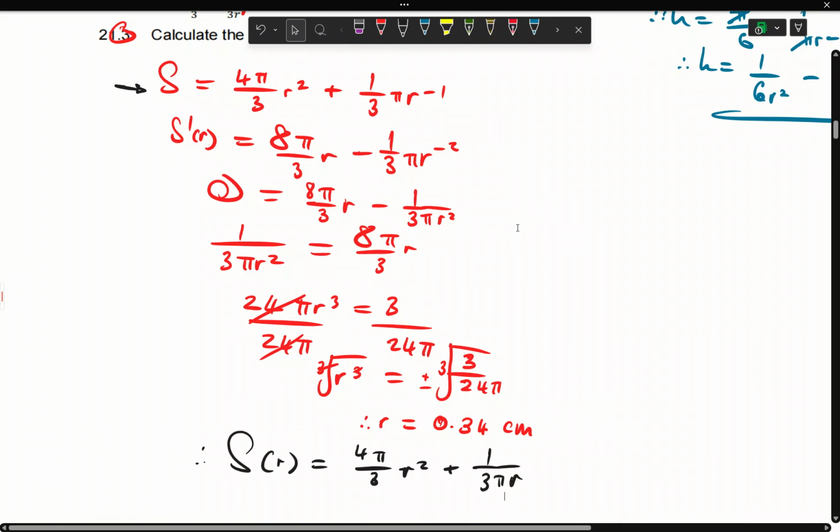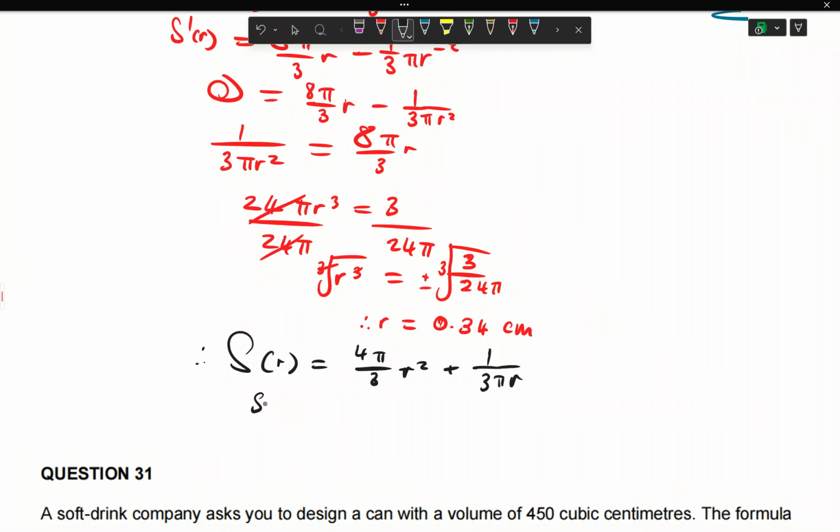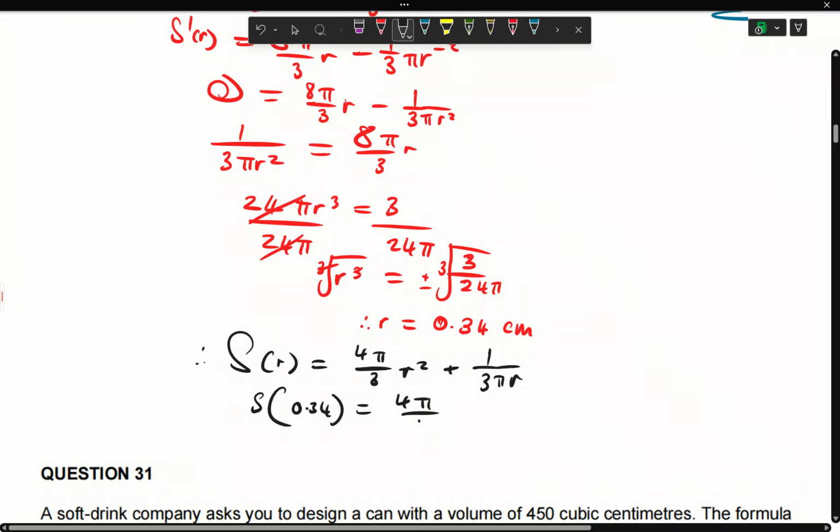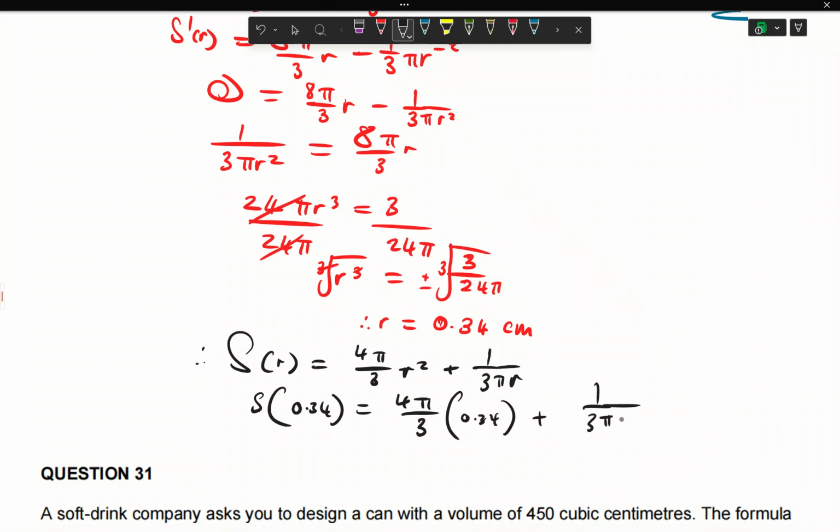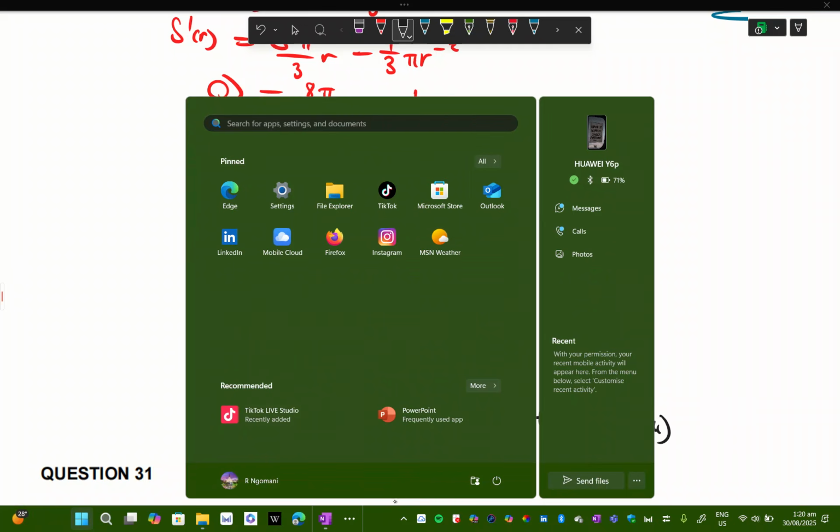So now let's make the substitution. So r is 0.34, which gives 4 pi all over 3 into 0.34 squared plus 1 all over 3 pi into 0.34. So now let's see what we have there.